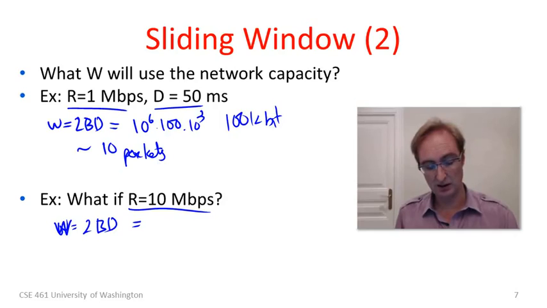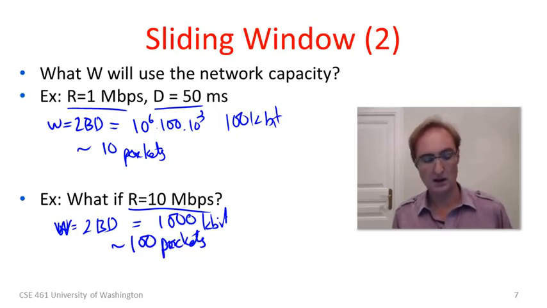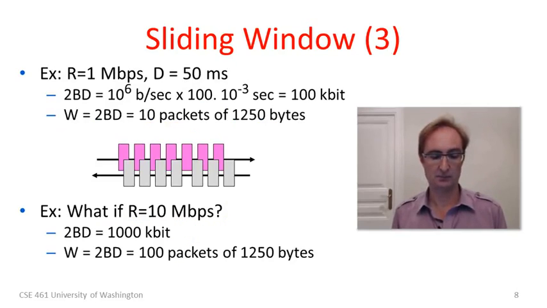So it's going to be 1000 kilobit, or approximately 100 packets. So you can see that I would need a reasonably sized sliding window to fully utilize this link. And the sliding window would just have to get bigger for faster and longer links. Okay, so here's all of this tidied up, and hopefully I got all of the math right.